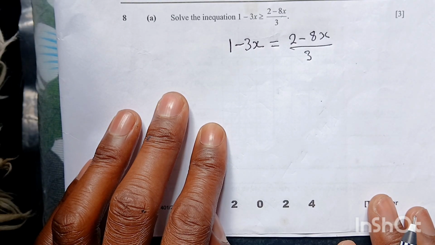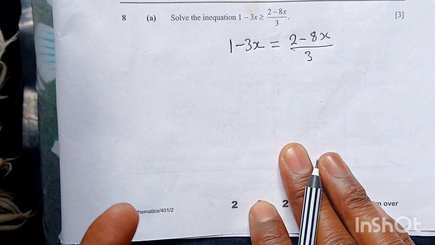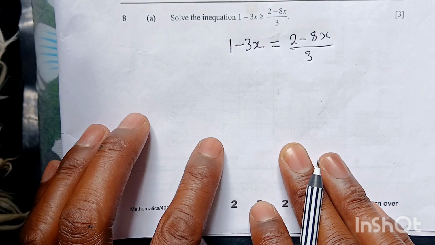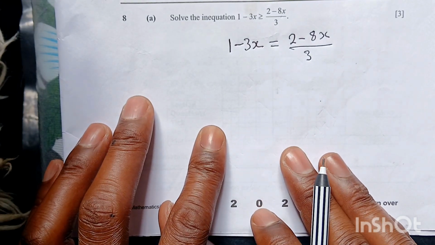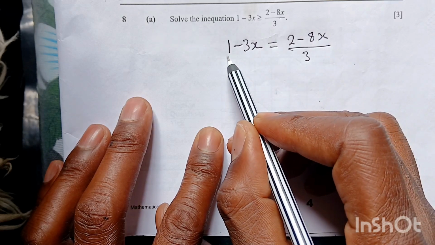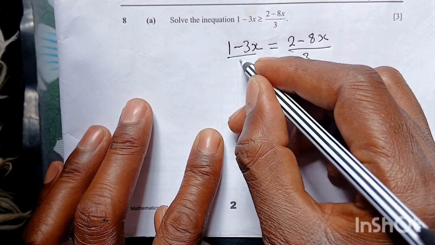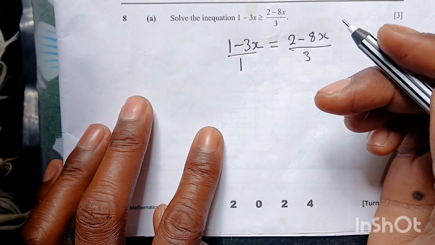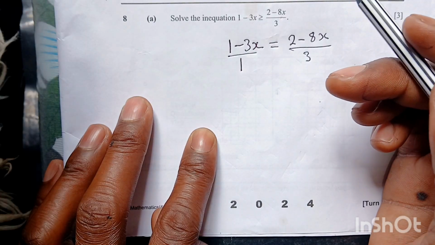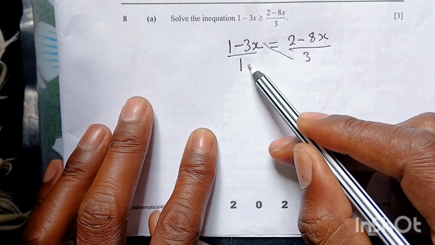So now, when you're solving an equation where one side is a fraction, the thing that you must always do is put both of them in fraction form, so that you cross multiply and it becomes a normal equation. So you're going to say this one multiplied by this one, and this one multiplied by this one.